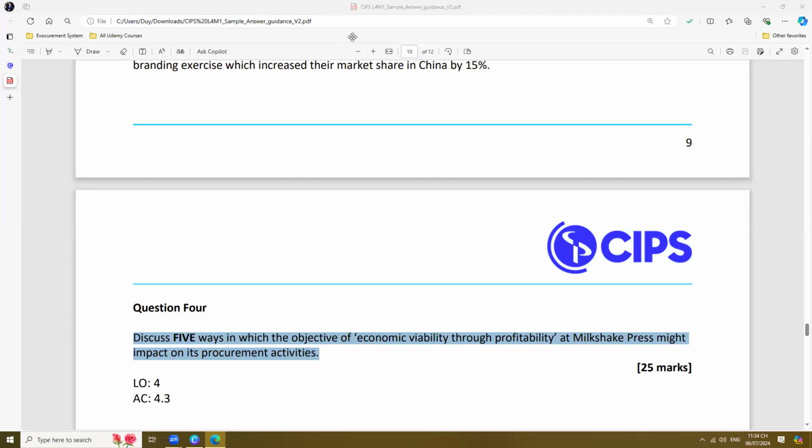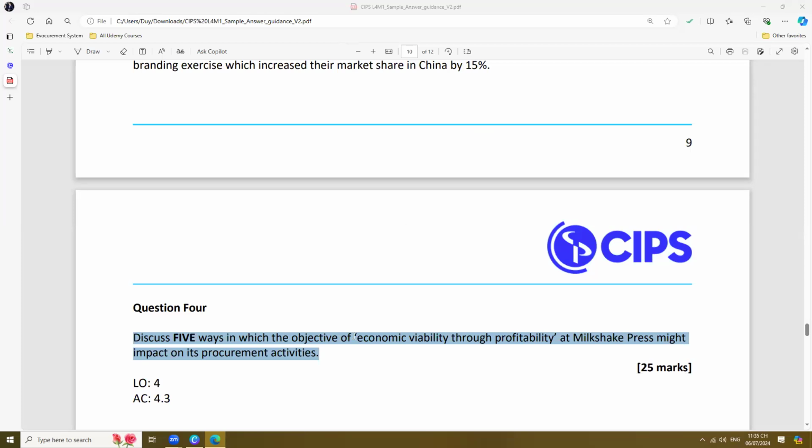It's very simple, but CIPS tends to use more formal words like economic viability, right? So you need to be familiar with that. Economic viability is just a synonym for being afloat by being profitable. Don't freak out because of this kind of wording.